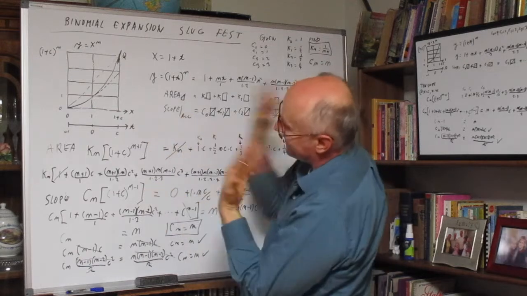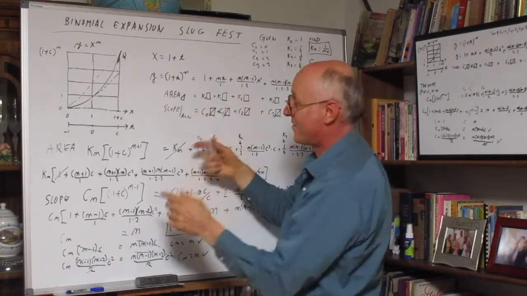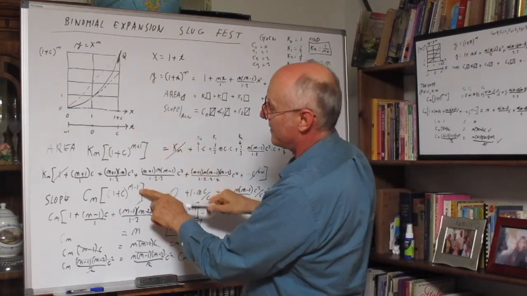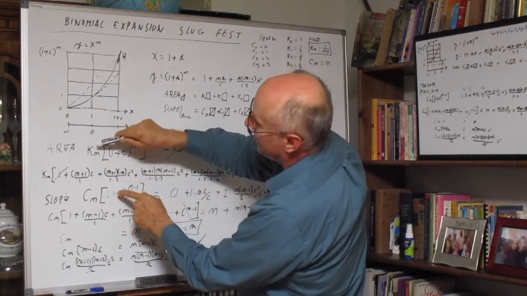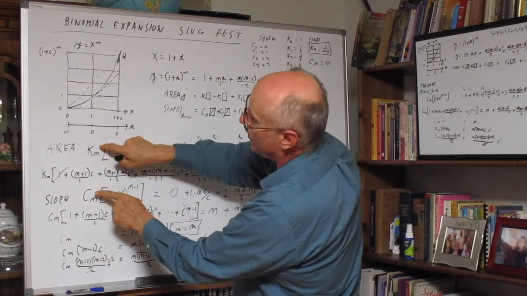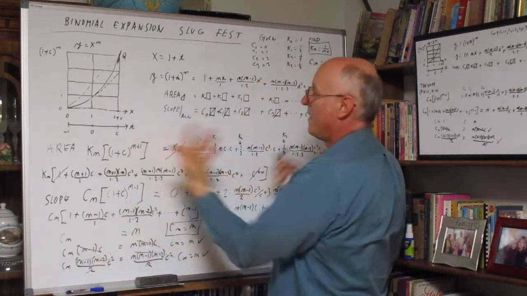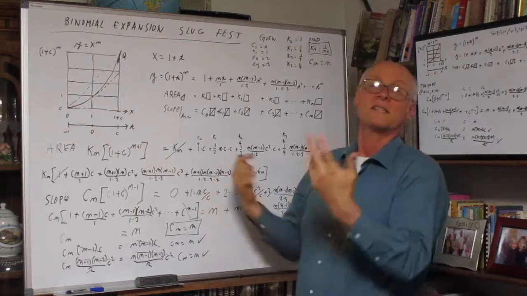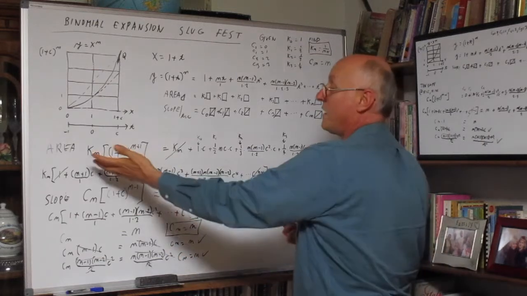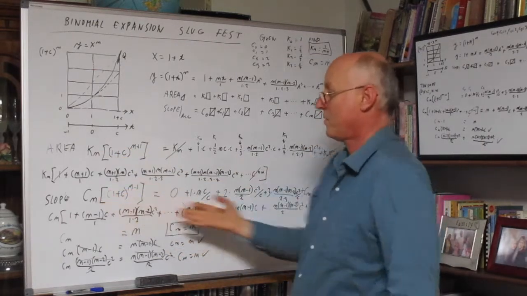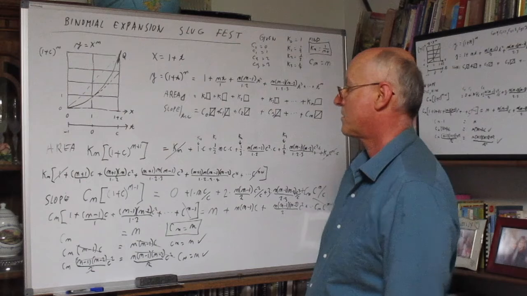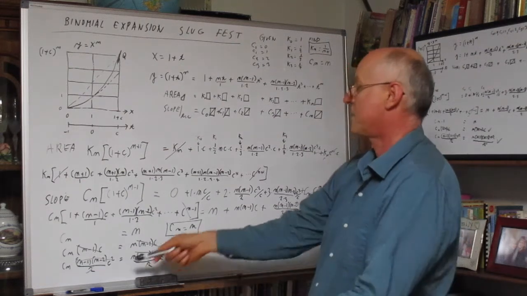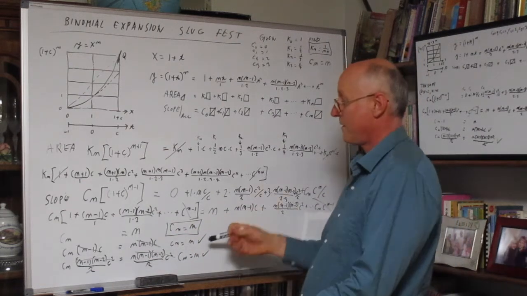And the similarity here is striking. I mean, one raises, the other lowers. Different ratio factors, but the math cranks the same way. If you've done it for area, you can do it for slope, tangent slope, and you see similar redundancies happen. You can throw them out.